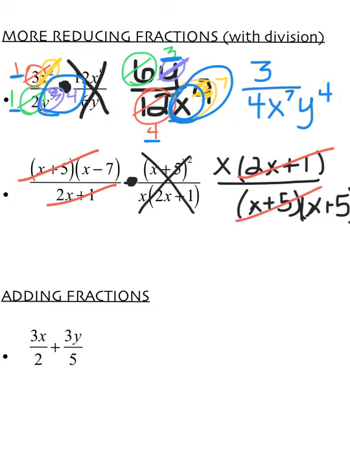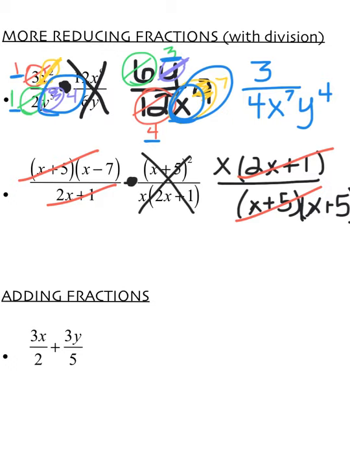I have an x minus 7 here and an x on the top here and an x plus 5 on the bottom. But remember, you can't cancel pieces. So I can't cancel this x with this x because this x is kind of attached to the 5 here.